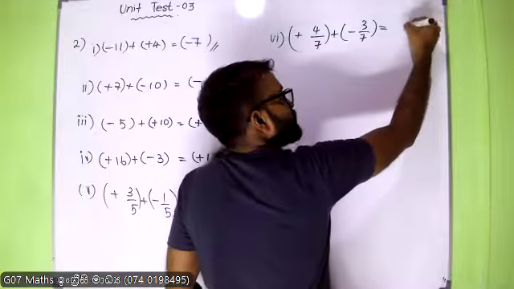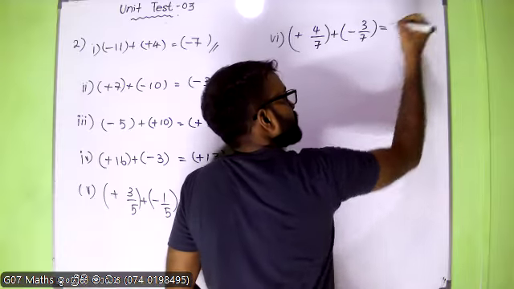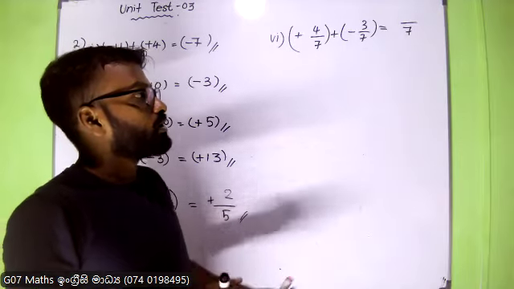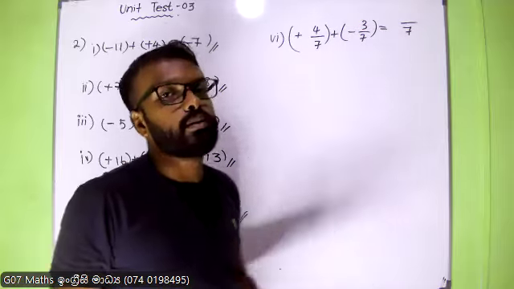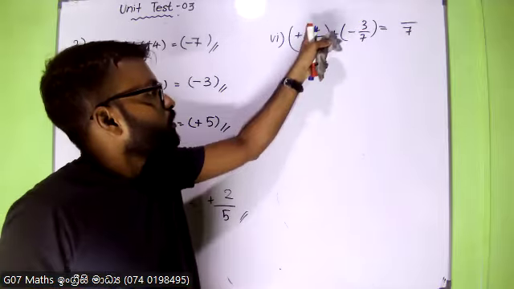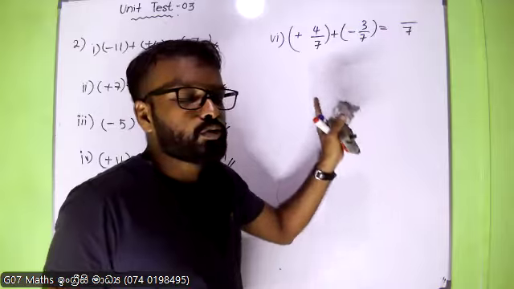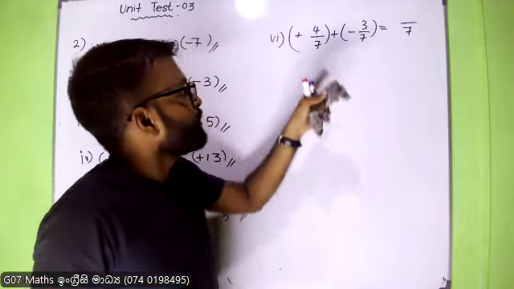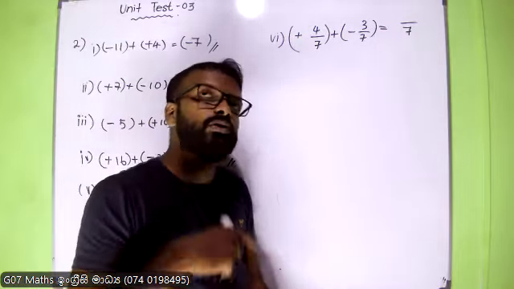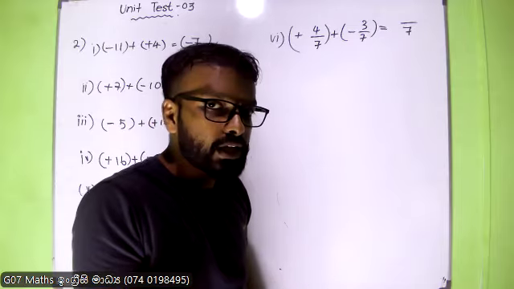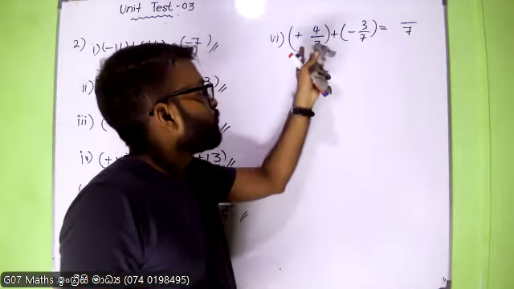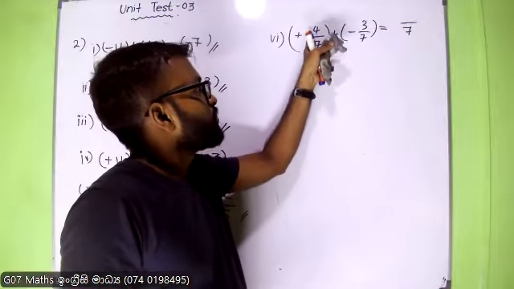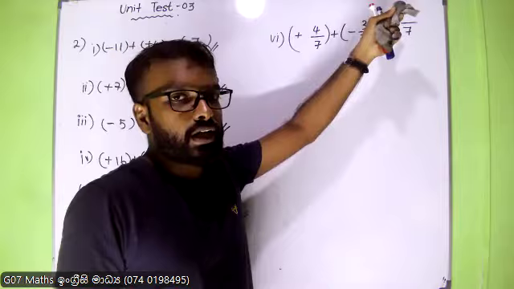So your answer's denominator is also 7, right? Now you have to simplify the numerators, right? Positive 4, negative 3. Two different signs, right? So 4 minus 3. You can take 1, right?